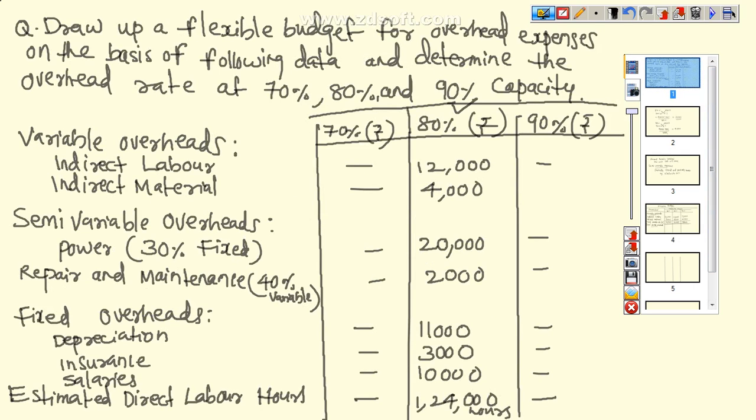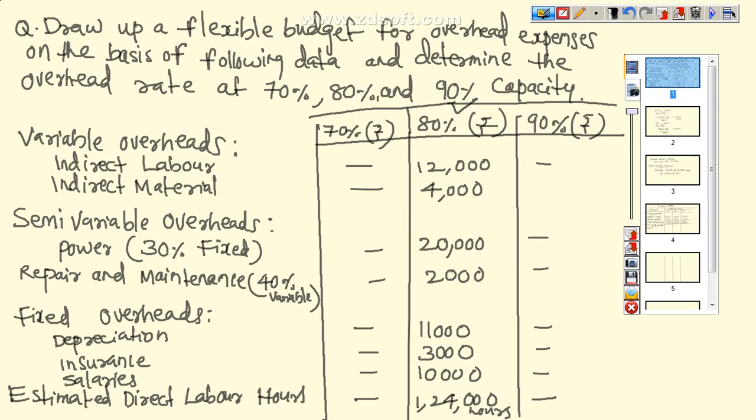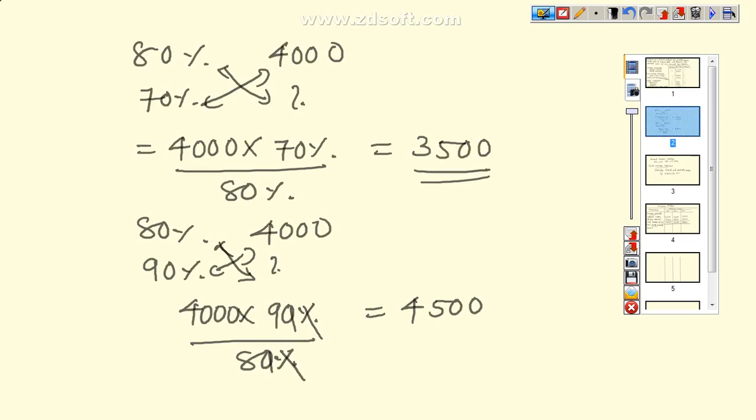First one, power. So here we write the first heading, power. Now we have to remember the first point: if any expense is given with fixed or variable proportion or percentage, then it is an adjustment. So we have to do the calculation in a working note.